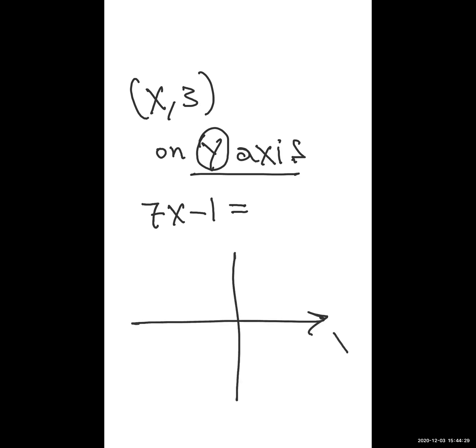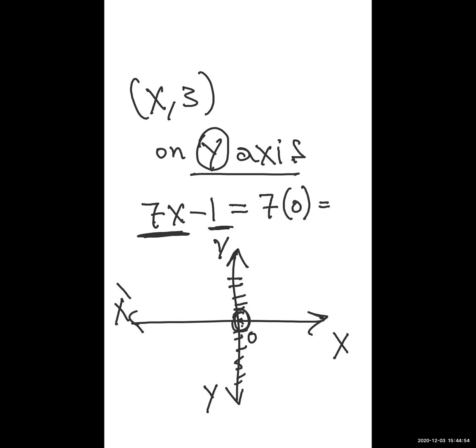This one is x, this one is y. The point lies on the y-axis, any point of these points, so x here will always equal 0. Now 7x minus 1 is 7 times 0 minus 1, so 0 minus 1, which equals -1. So the correct answer, guys, is letter B, -1.